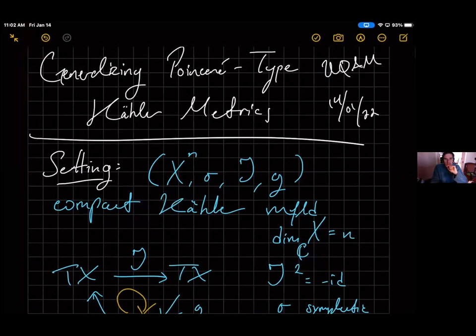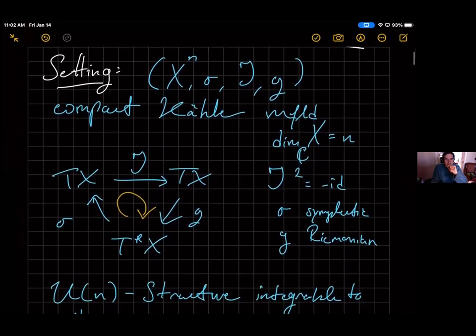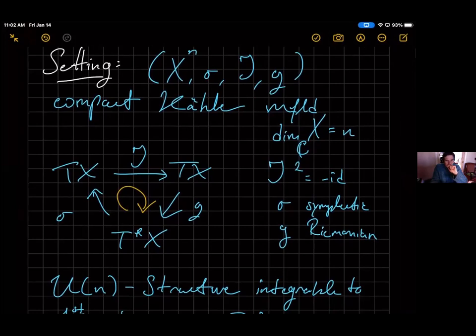So I'll first do a quick recap of the basic tools in Kähler geometry and discuss what exactly I mean by a Kähler metric of Poincaré-Type, and then why perhaps we might want to generalize them, and what I have done in terms of generalizing them, and hopefully further directions that I can take these generalizations, or anyone else can if they're so inclined.